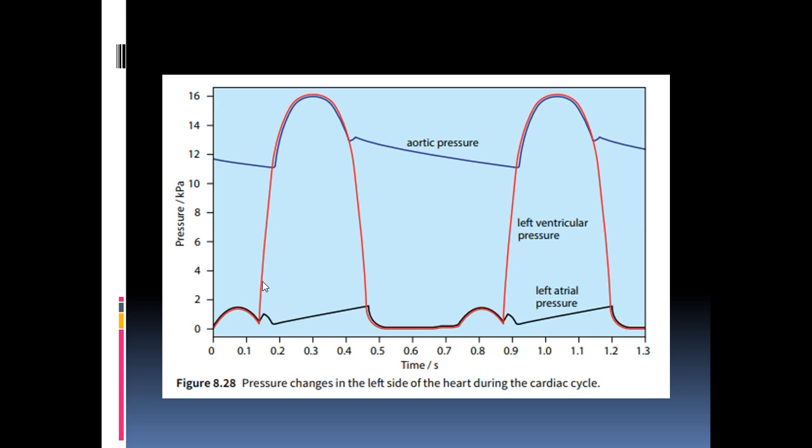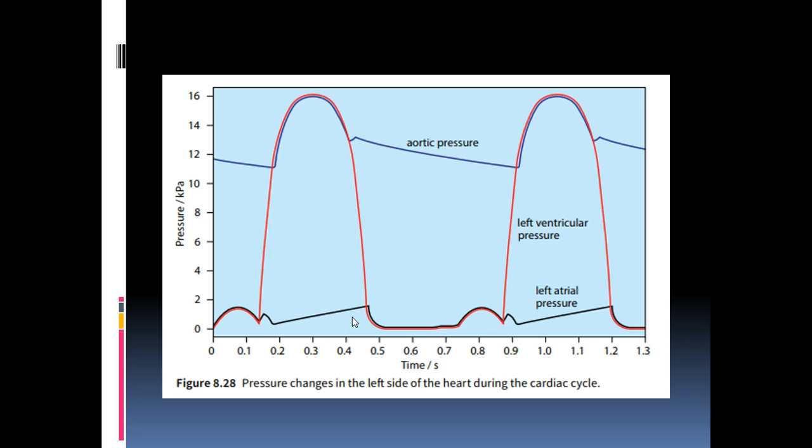For the first 0.1 second, the black line shows an increase in pressure, and the black line represents the atrial pressure, right? So for about 0.1 second, you can see that there is a slight increase in pressure in the atria.